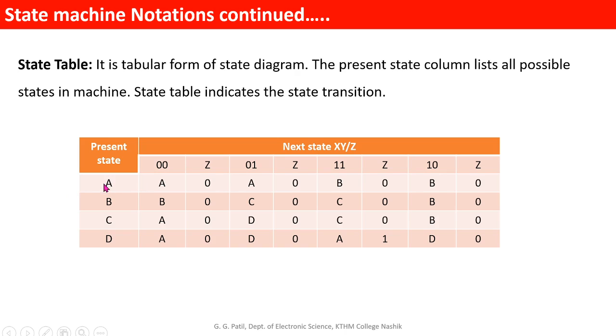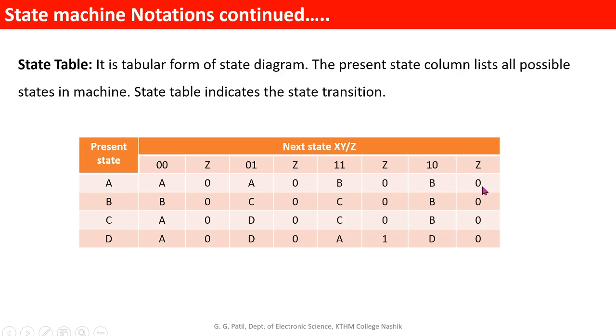Similarly, here the present state is A and input is 0 1, next state is again A, output 0. In this column, if the present state is A and input is 1 1, next state is B and output is 0. Here, present state is A and input is 1 0, next state is B and output Z is 0.